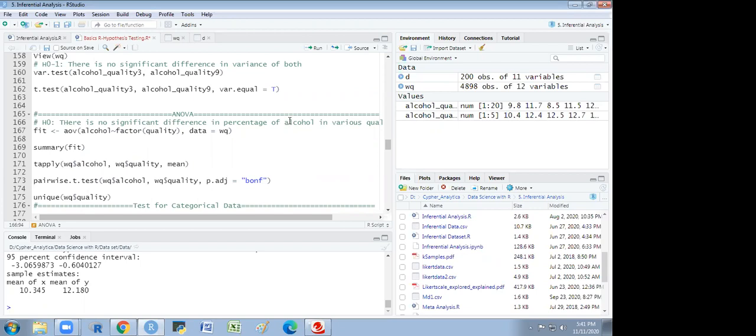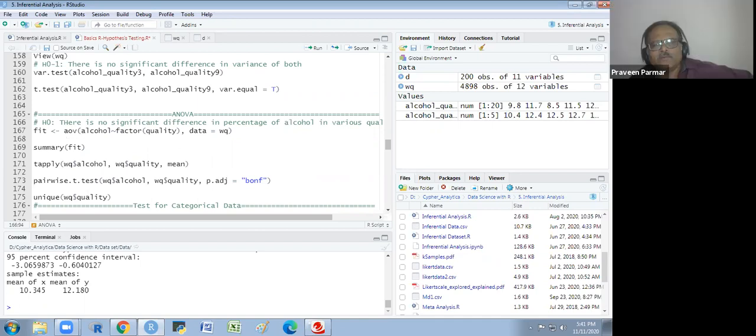So why do we use ANOVA? For the multiple comparison. With respect to alcohol, we are comparing all the qualities. So the function is aov, for ANOVA, analysis of variance. Alcohol we have to write first, which is the numeric variable, and tilde, then the categorical variable, or we have to convert that into a factor.